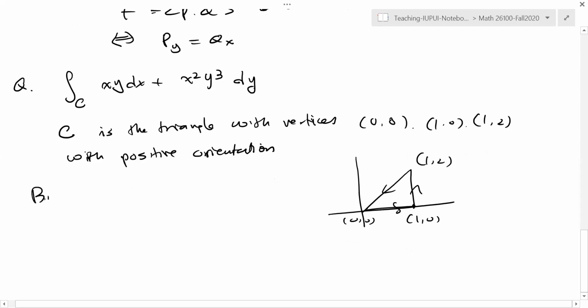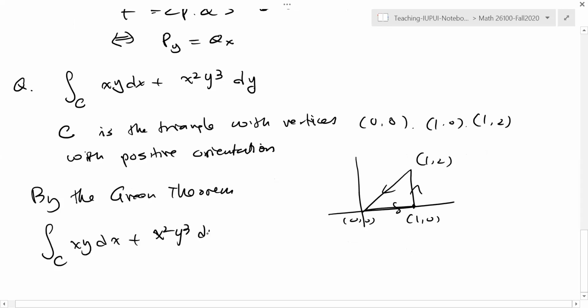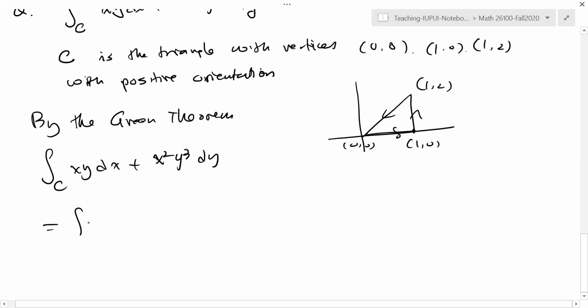So by Green's theorem, one can get a double integral over D, where D is enclosed by this triangle. And remember, this is the partial derivative Qx minus Py, dA. So let's calculate this.